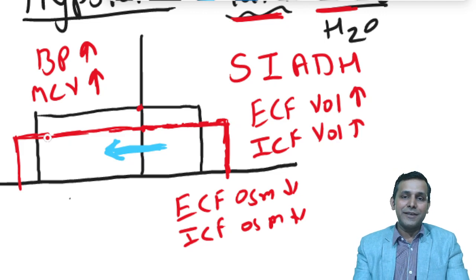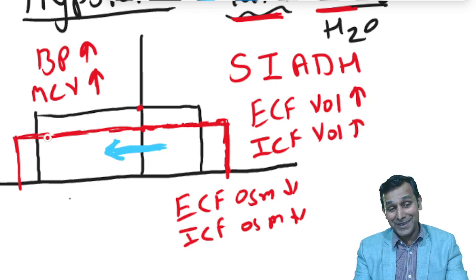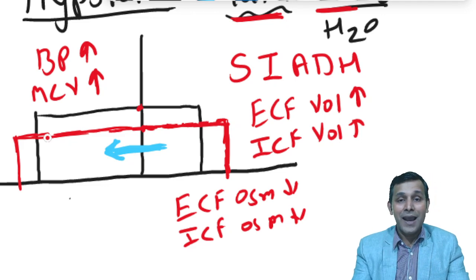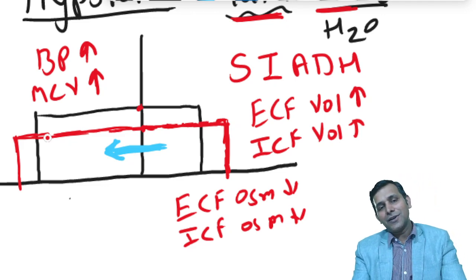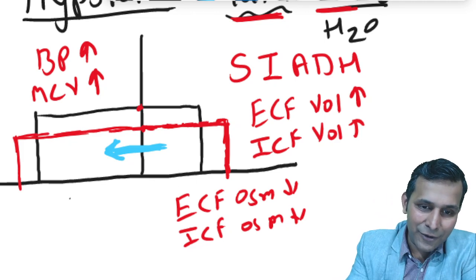Now what happens if you go for hypotonic loss? Again, the interesting one. We have discussed isotonic gain, isotonic loss, hypotonic gain, and now we'll go for hypotonic loss. So take out your pen and pencil and again try to draw along with me what happens when there is a hypotonic loss.